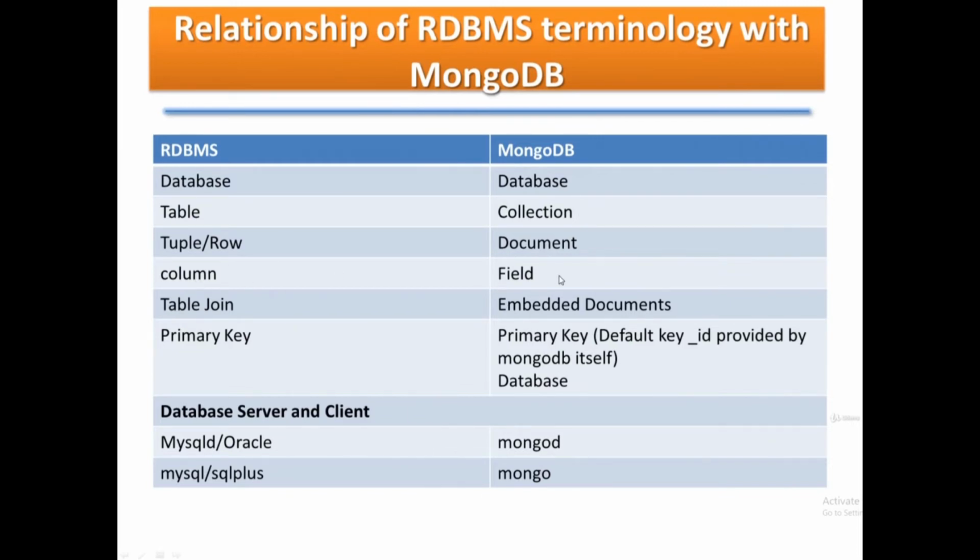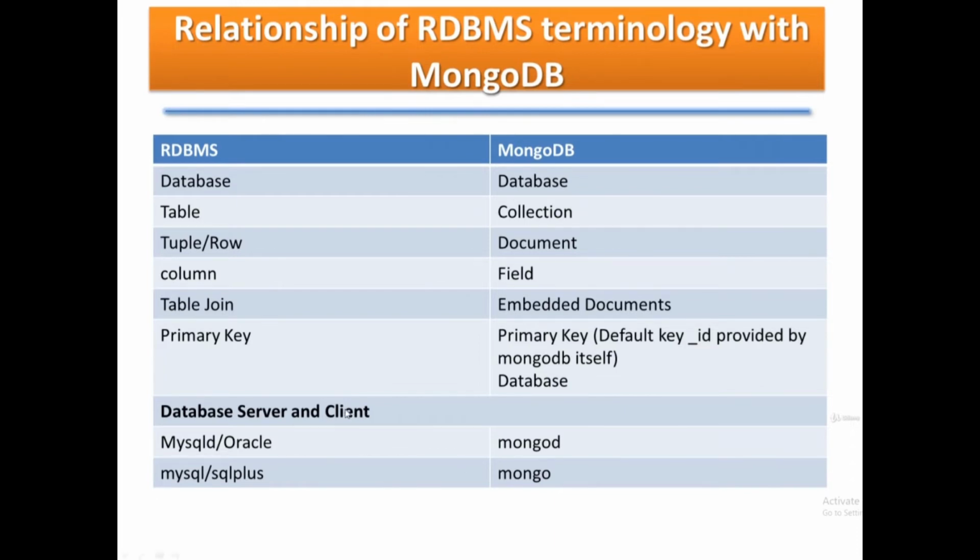Column to field. Join is not available in MongoDB, but relationships can be maintained by embedding documents within a document. MongoDB provides a default key itself, and that is _ID, which functions as a primary key.